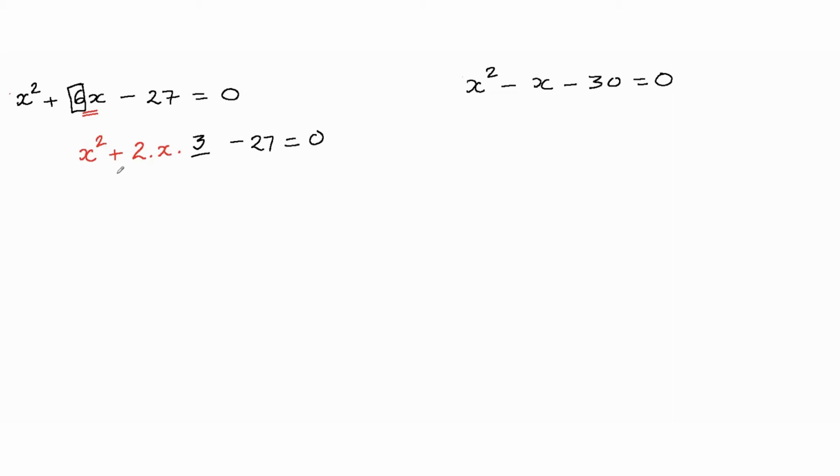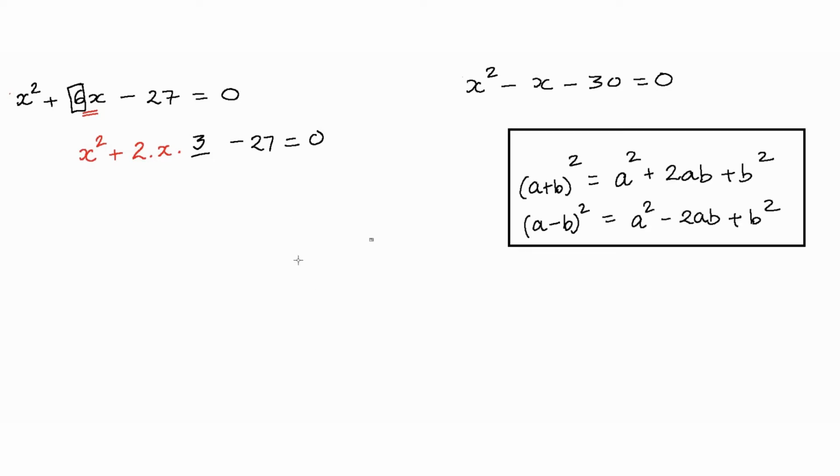Now what I'm going to do is I'm going to complete the square. So you must remember that a plus b the whole square was given by, let us quickly write the formula for a plus b the whole square. So a plus b the whole square is given by a square plus 2ab plus b square, and a minus b the whole square is given by a square minus 2ab plus b square.